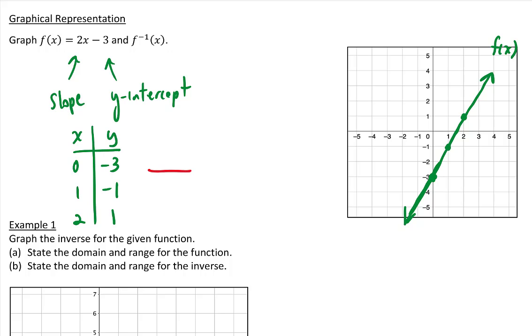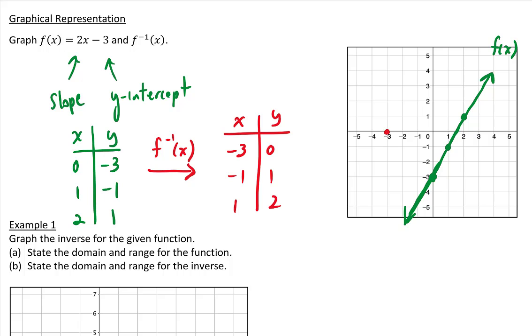If I want to graph the inverse, this is where I switch the x and the y. So now I plot those 3 points. So negative 3 and 0, negative 1 and 1, and 1 and positive 2. So this is f minus 1 of x.